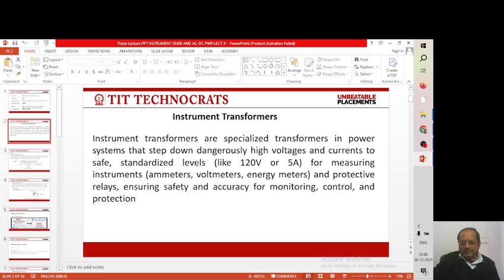If it is voltage, then it will be stepped down to 120 volt, or if it is current, then it will be stepped down to 5 ampere, for measuring instruments: ammeters, voltmeters, energy meter, watt meter, protective relays, etc.